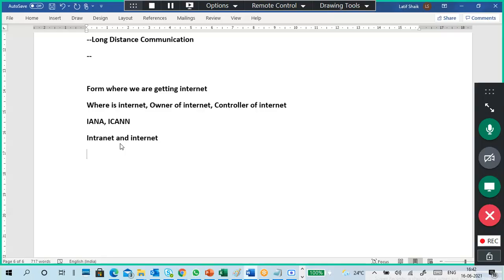Accessing that server is intranet, within my premises, my local network only. If the server is outside my local network, somewhere in New Jersey or Delhi, I have to access it with the internet. That is called internet, a global network. Internet is a global network. Intranet is a local network.